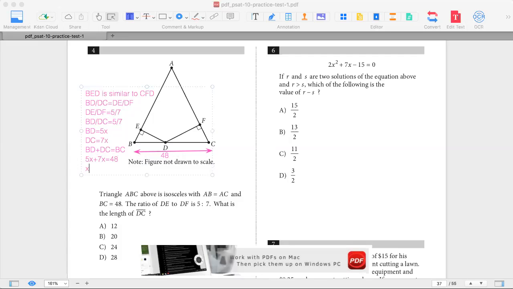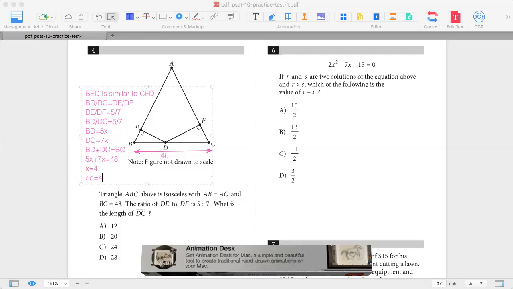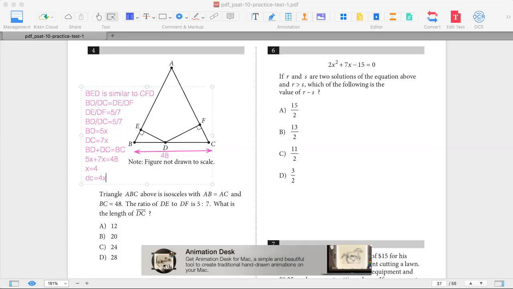By calculating, x is equal to 4. So DC is equal to 7 multiplied by 4, which is equal to 28. So my answer will be D.